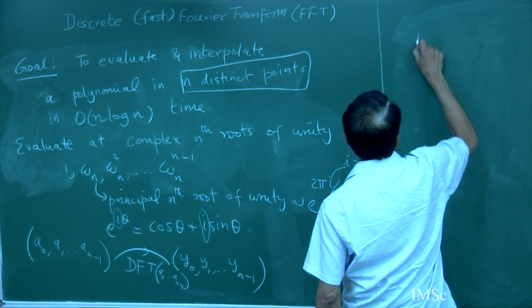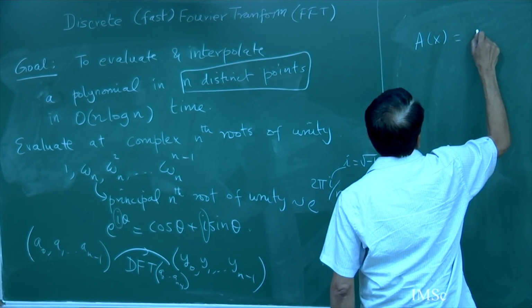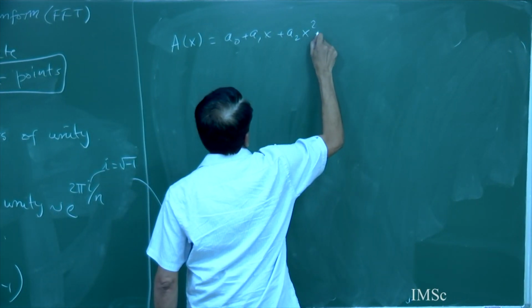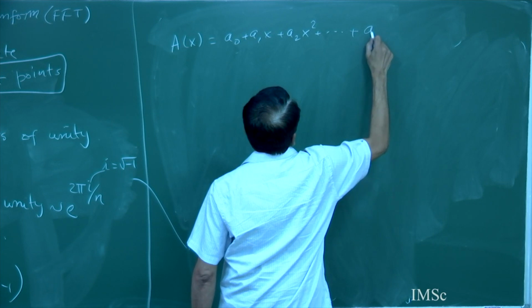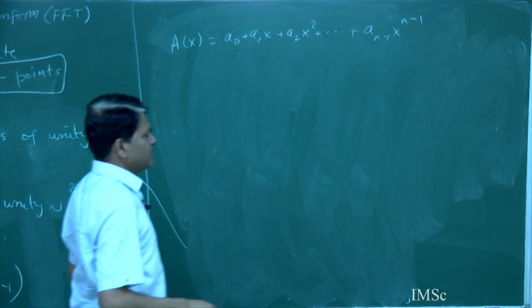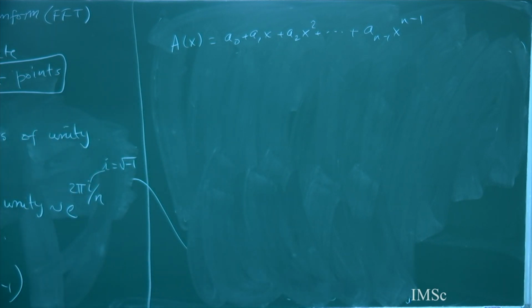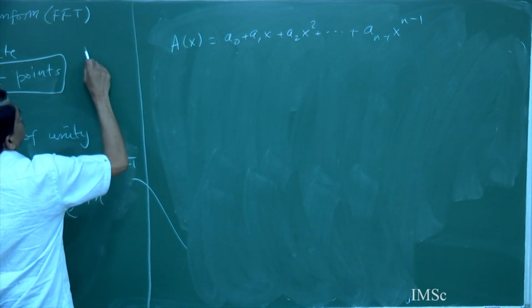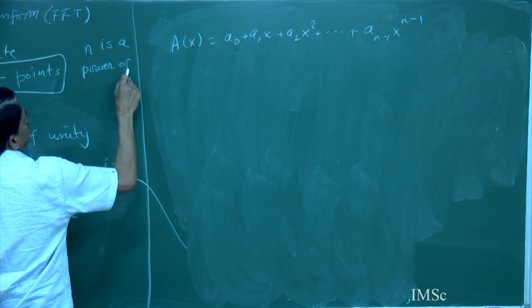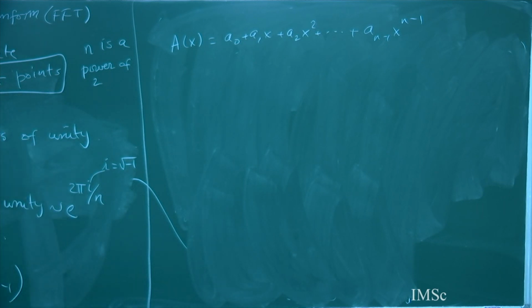Okay, so let me write this polynomial in a way for using divide and conquer. Another thing, I'm going to assume n is a power of 2. These discrete Fourier transforms are defined for other n's as well, but that is more complicated.